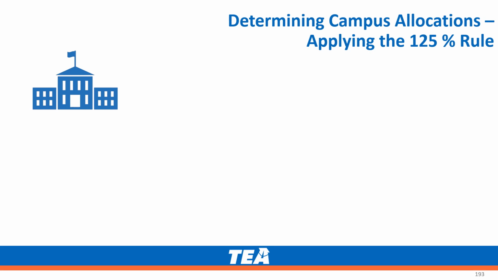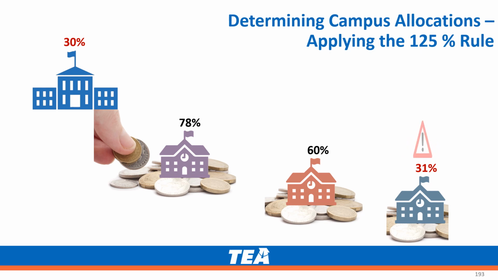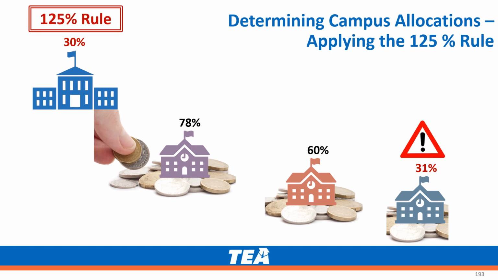However, if an LEA has an LEA-wide low income percentage below 35%, the LEA may choose to serve campuses either district-wide or by grade span in rank order of poverty down to the LEA low income percentage. If the LEA chooses to serve any campus below 35% low income, the 125% rule comes into effect.